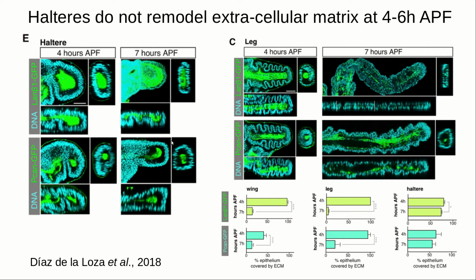So it has been shown that halteres do not remodel their extracellular matrix between 4 and 7 hours after pupariation. Here you can see the perlecan, which is a component of the apical matrix, and laminin B at 4 hours and at 7 hours after pupariation, and they are not removed in the haltere.